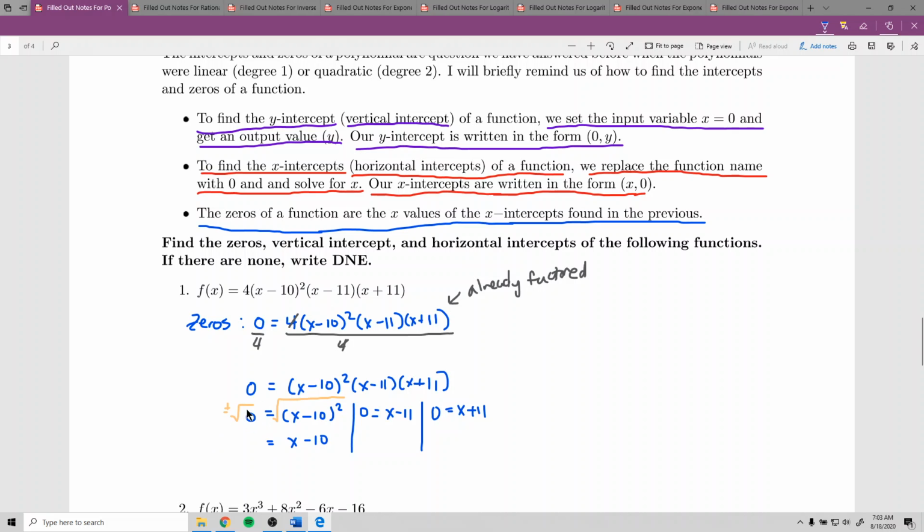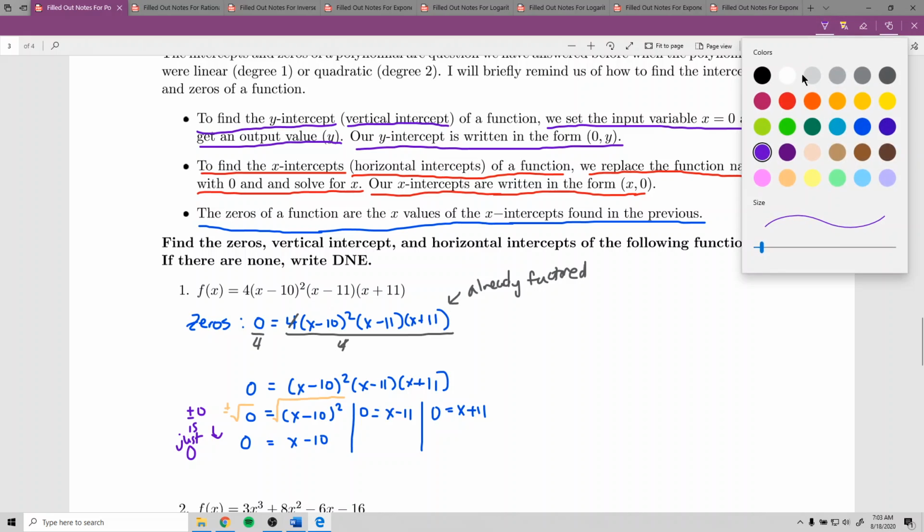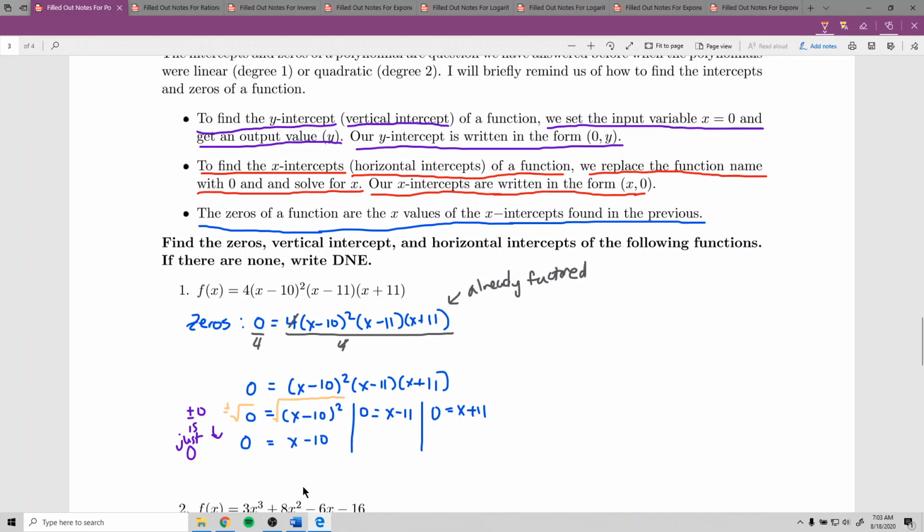Now, do keep in mind that the square root of 0 is 0, so plus or minus 0 are the same thing. So we don't actually have to keep the plus or minus around anymore. And now we can solve this. We can add 10 to each side, and we get x equals 10.